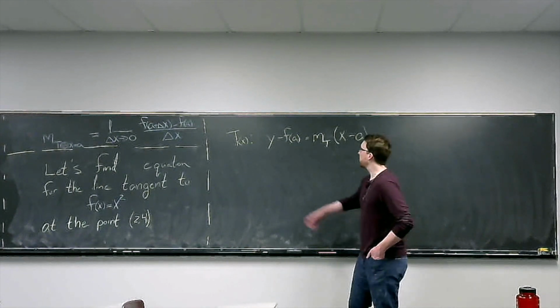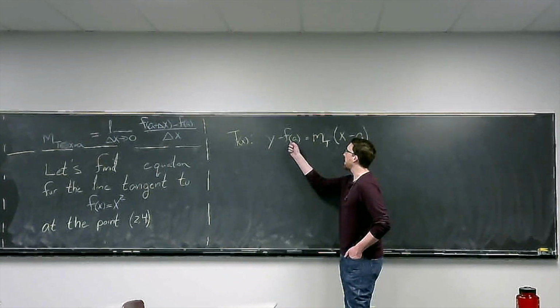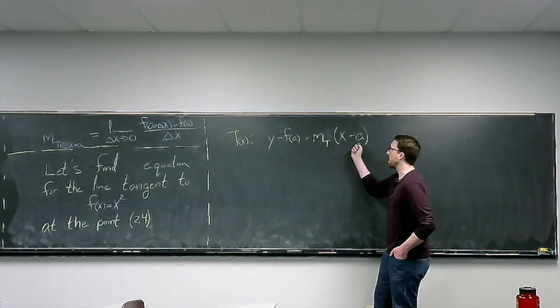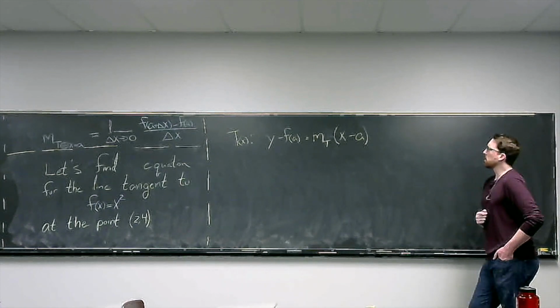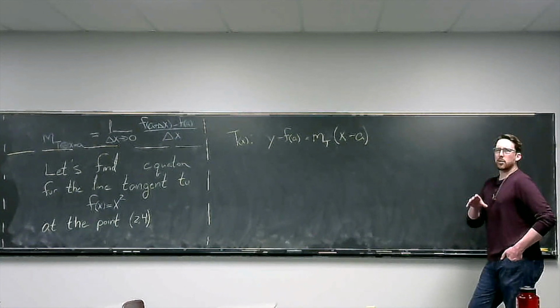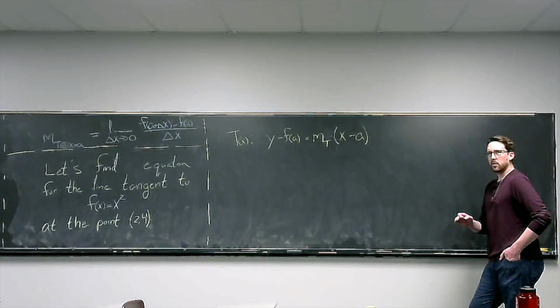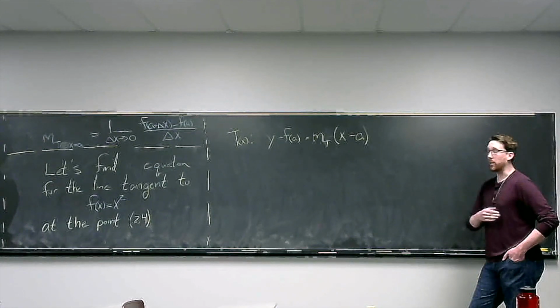And if we do that, then what we're going to find is that y minus f of a is equal to the slope times the quantity x minus a.